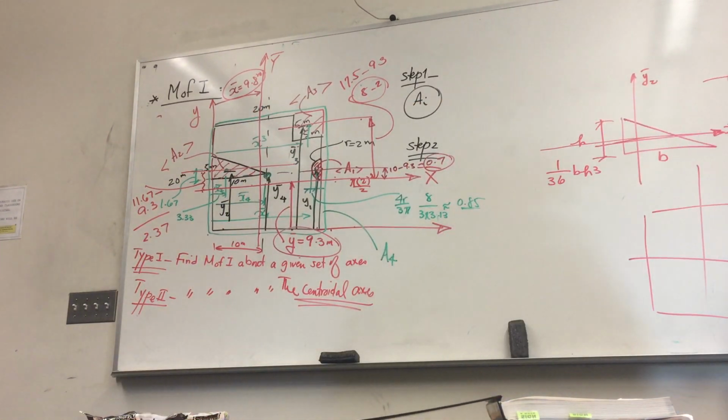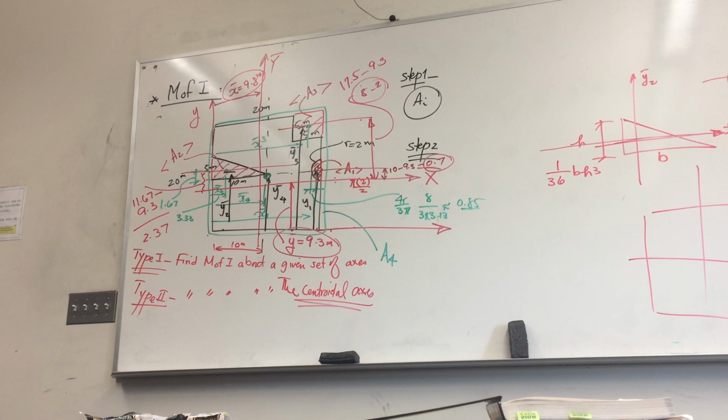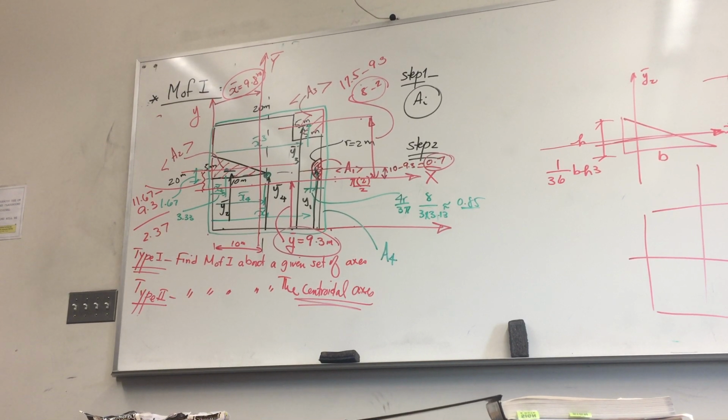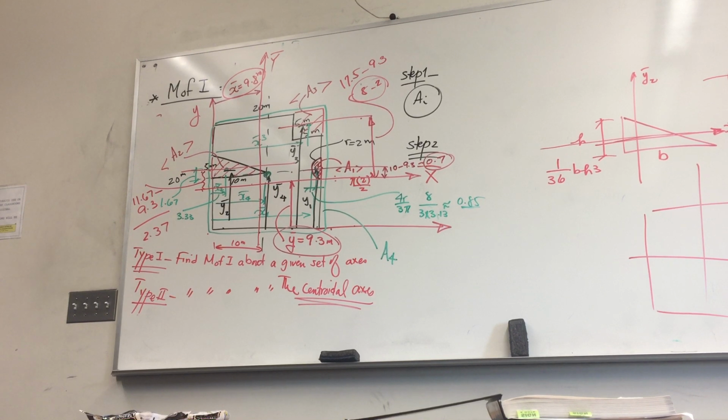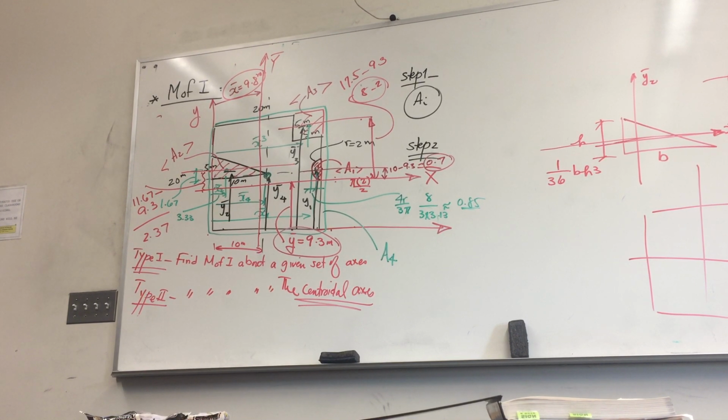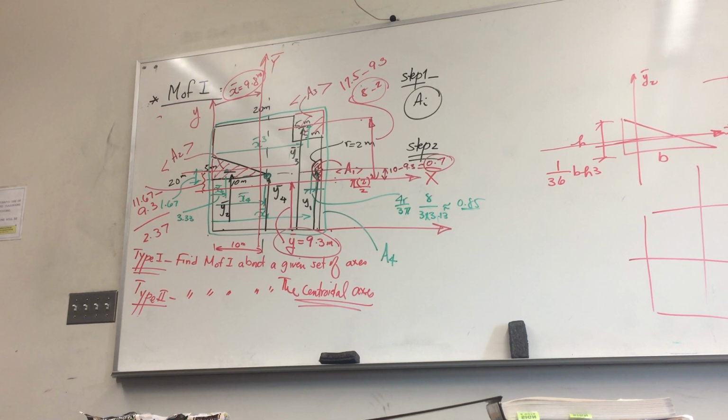So you just write 52.1 plus the area, 25, times its distance, 8.2 squared, and that will give you 1,733.1.